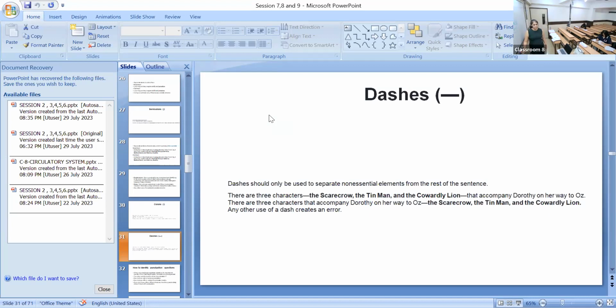If you are separating a non-essential element from the rest of the sentence, then please do use a dash. So do not use a dash in between the characters, okay? That's a comma. Not in between the characters, just a second.